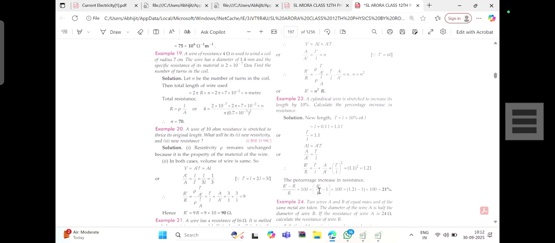So R prime by R minus R by R, that means R prime by R minus 1 into 100, that means 1.21 minus 1 into 100, that means a 21% increase in resistance. That is a math concept of class 6th or 7th.